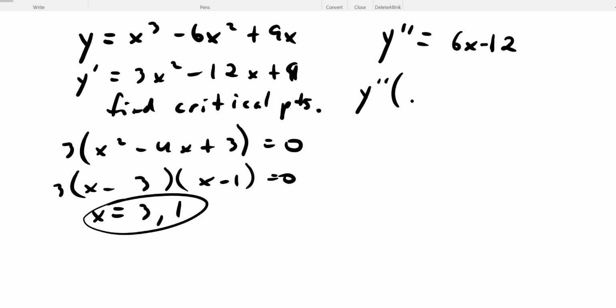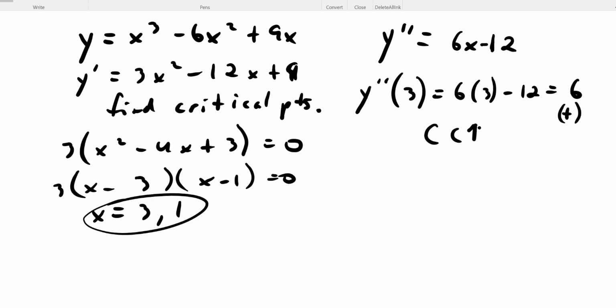It's really easy. Y double prime of 3 equals 6 times 3 minus 12, which is 18 minus 12, or 6. I don't even care about the number, I just care that it's positive. So it's concave up at x equals 3. What does that mean? Just use your hand and look at it.